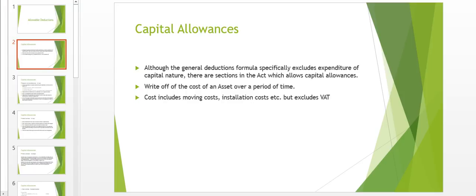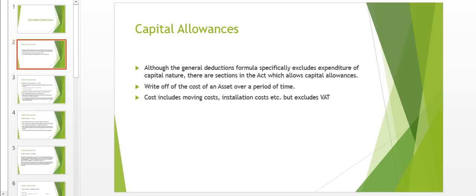So the Act allows for these assets which were initially excluded from the general deduction formula to now have a specific capital allowance which you may deduct from your taxable income. And a capital allowance is basically a write-off of the cost of an asset over a period of time. So that's essentially a capital allowance.